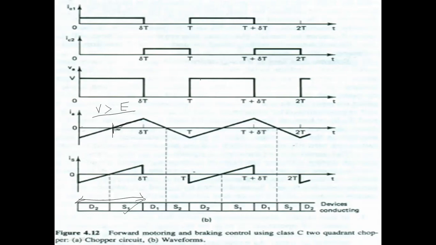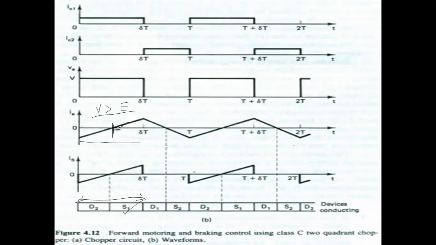During the interval 0 to delta T, the motor armature will be connected to the source, either through S1 or D2.